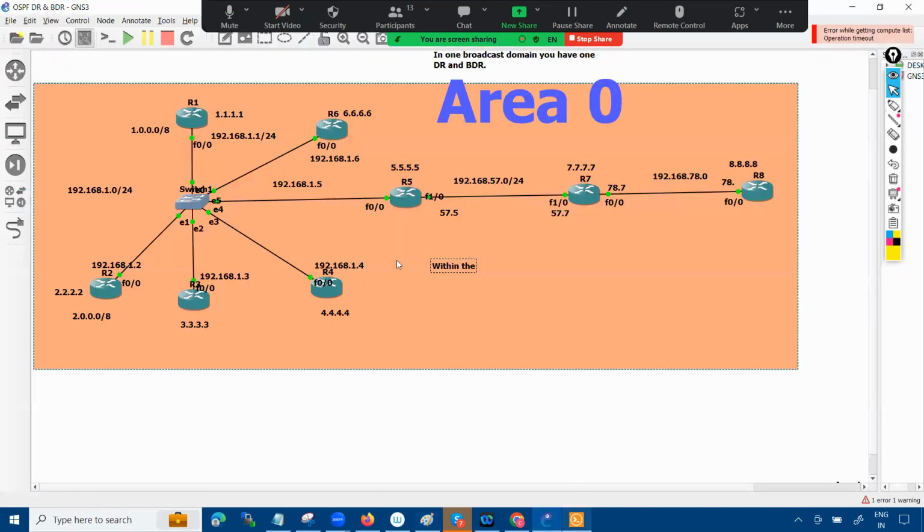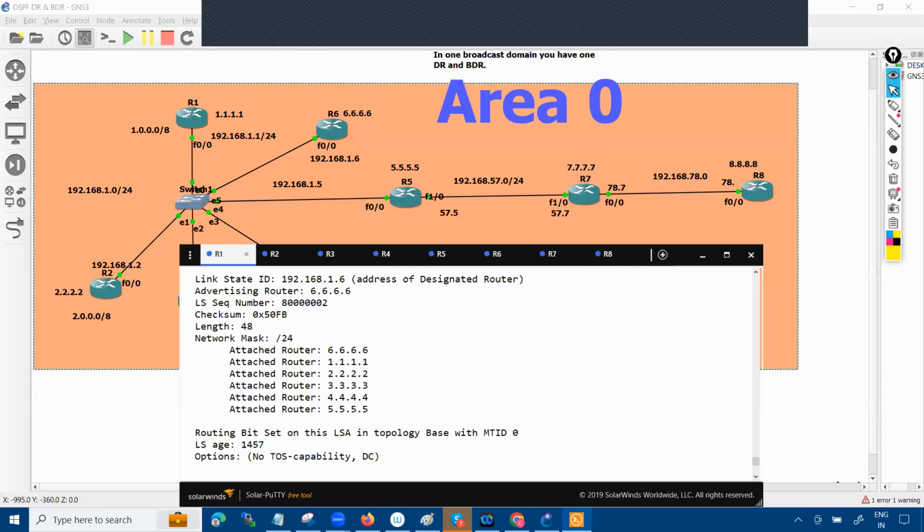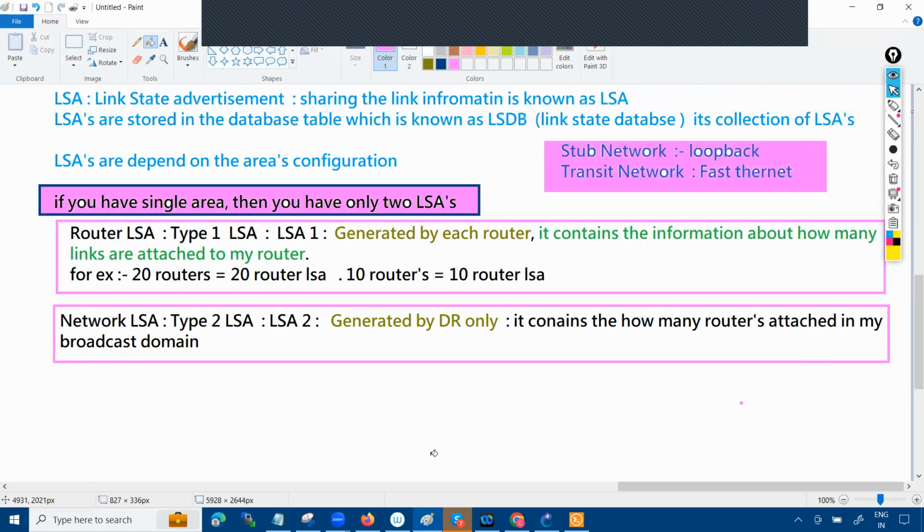Anyone has questions? If you have a single area, then you have only two LSAs. The router LSA and the network LSA, that's all. Single means one area, area 0.